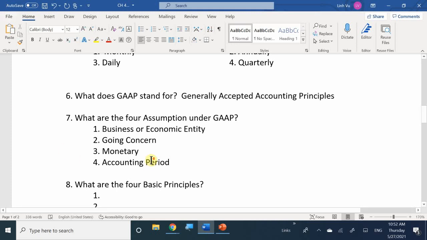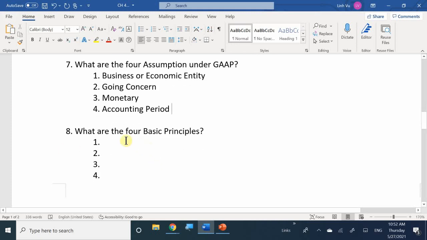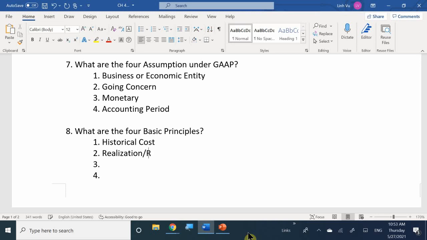Okay. What about your basic principles? What are they? Historical cost. Realization, or you can also use revenue recognition, whichever one sticks with you.